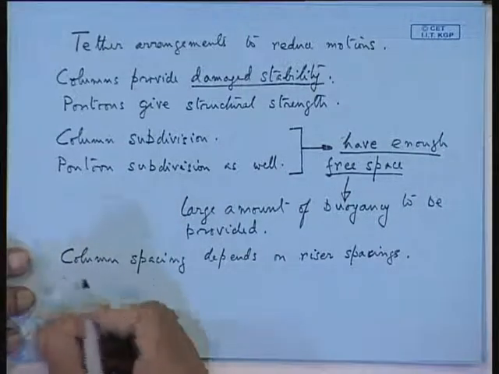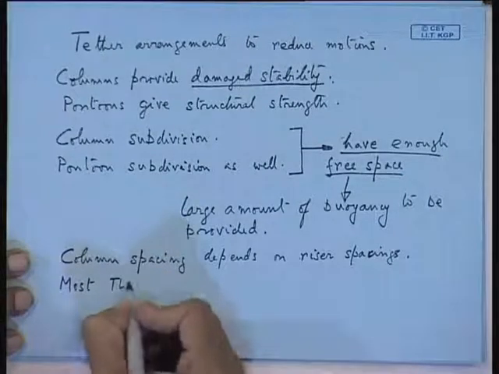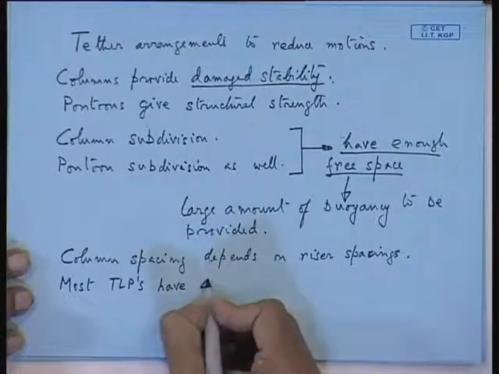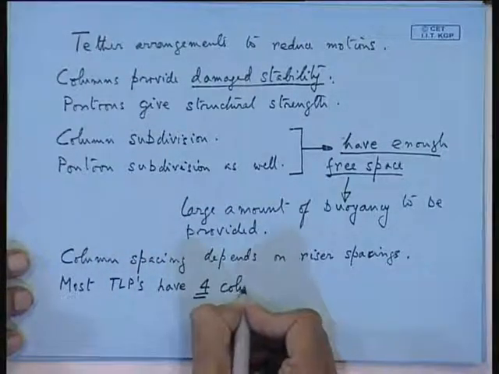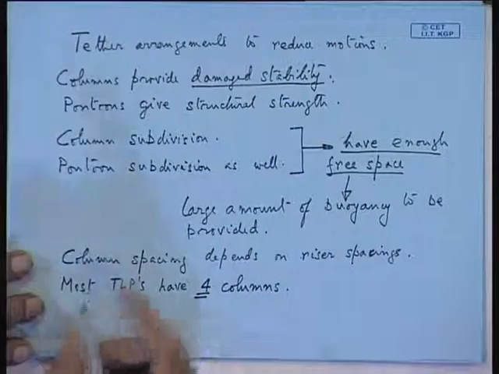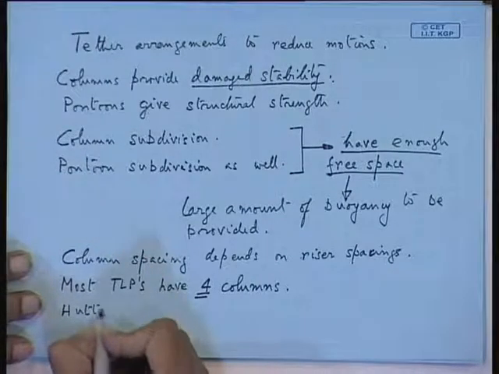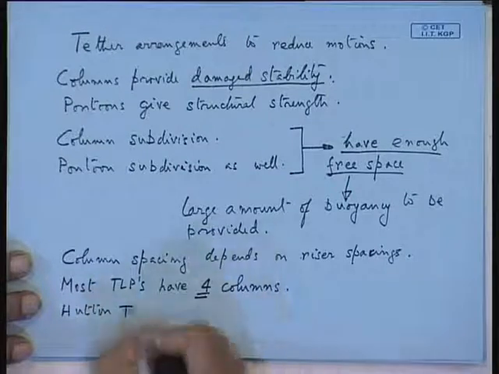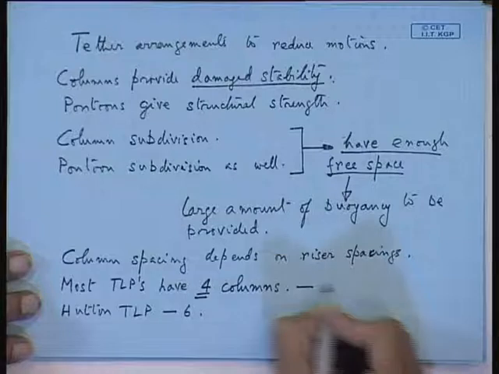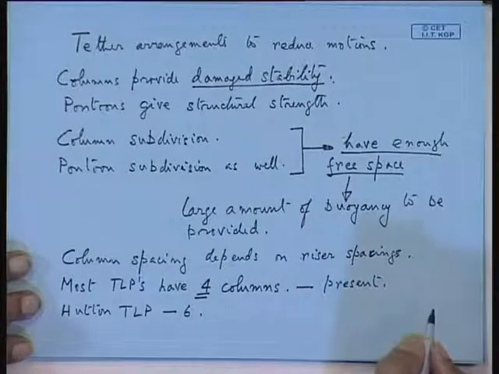Now, most TLPs have 4 columns. The Hutton TLP, that was in 1984, had 6, but in the present scenario you will find 4 columns. So, the present structural configuration is this.